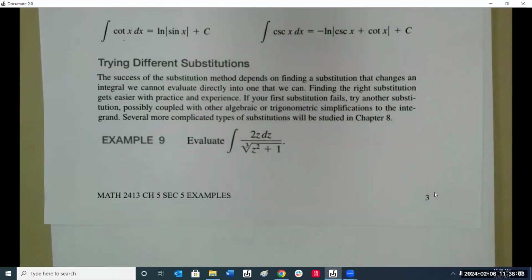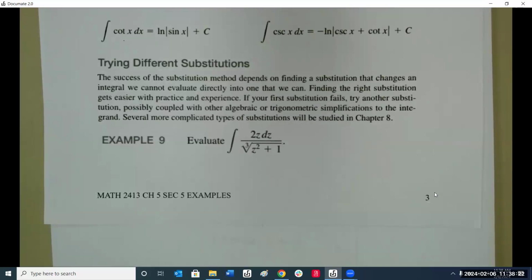All right, so let's look at example 9, trying different substitutions. The success of a substitution method depends on finding a substitution that changes an integral we cannot evaluate directly into one that we can. Finding the right substitution gets easier with practice and experience.